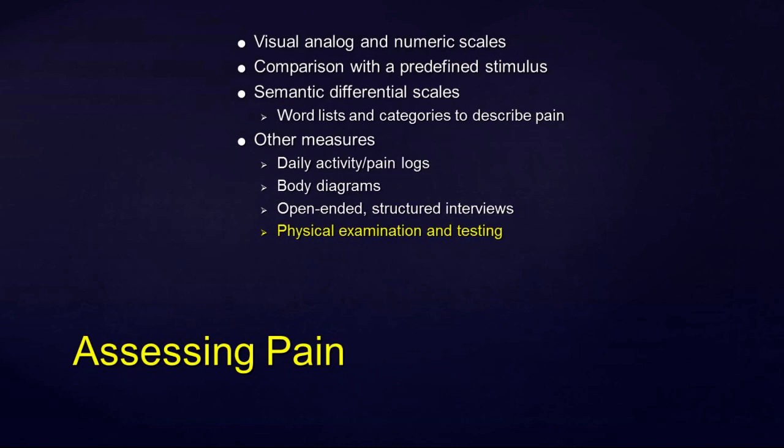There are semantic differential scales using word lists or categories to describe the pain. So one of the ones that I like to use in the clinic, if somebody's having trouble assigning a number, I have a pain scale which I'll share with you. I'll post it in the module.